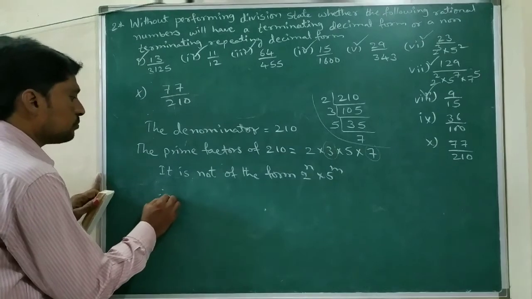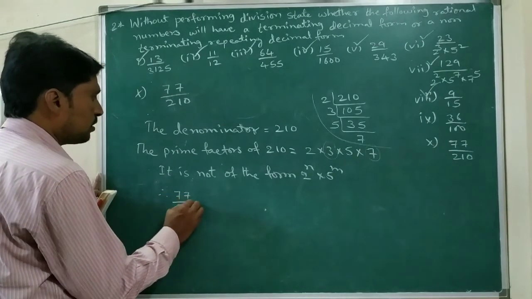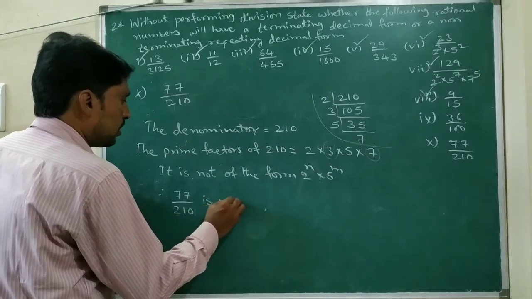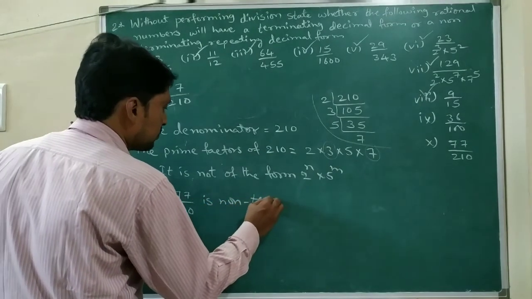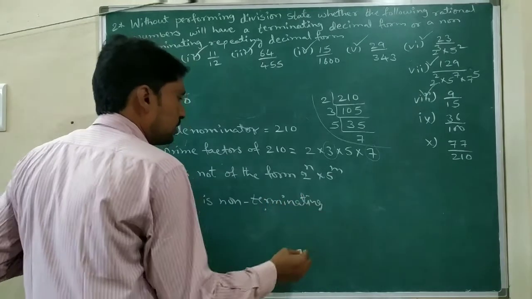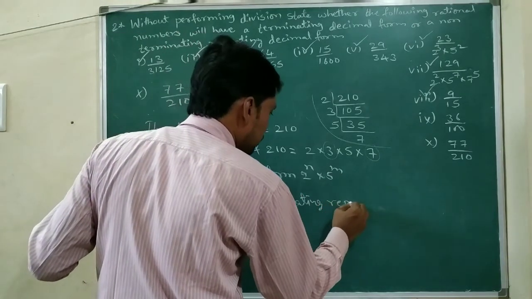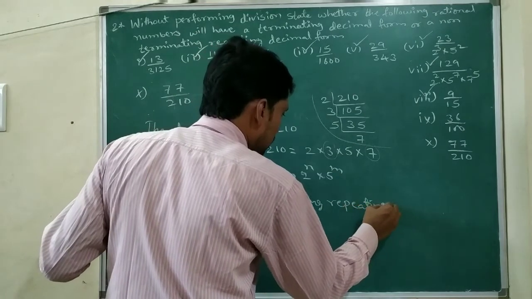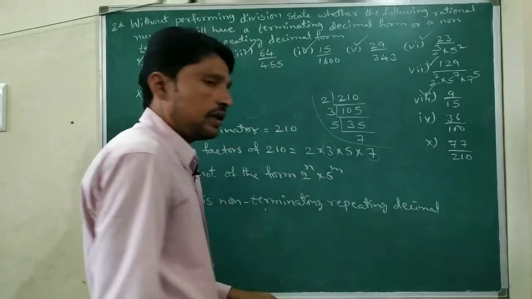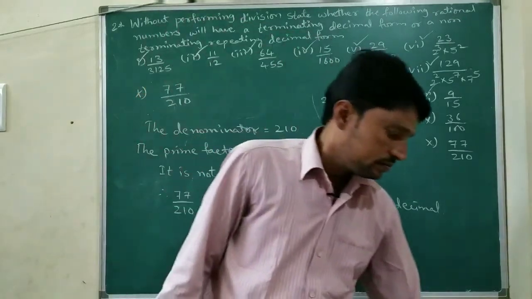Therefore 77 by 210 is non-terminating repeating decimal.